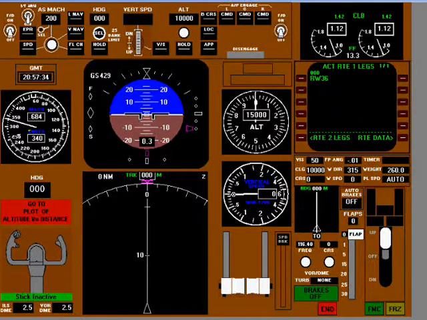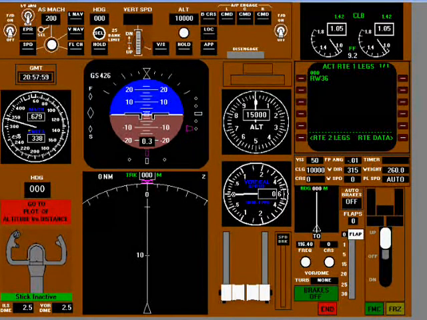Next, we will slow down to 300 knots. First, we set the EPR to 1.05 to initiate the speed change.